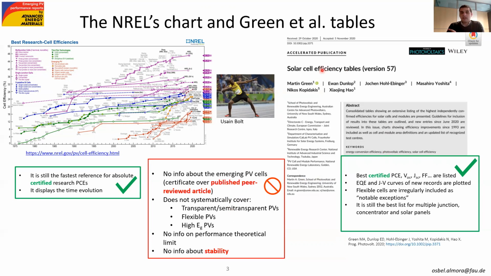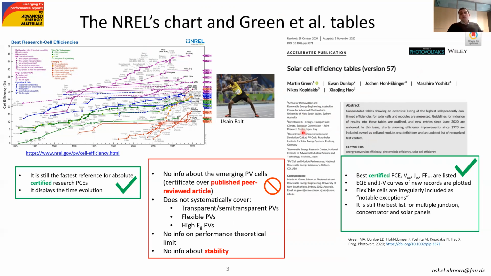In addition, we have no idea about the stability of the devices once they are certified in terms of efficiency. Basically, this reference allows us to say, okay, we have the Usain Bolt, the fastest runners on Earth in terms of photovoltaic efficiency.